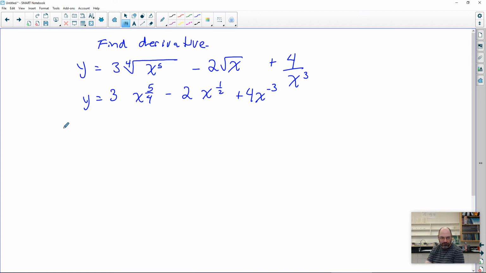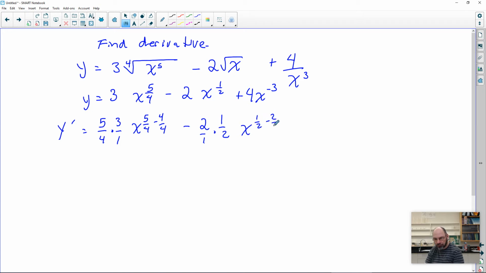Okay, now we can do the derivative, y prime. So this is going to be, I'm going to do this one, 5/4 times 3. And I'm going to write it as 3/1, x to the 5/4 minus 4/4, because 4/4 is 1. Taking a little bit of a shortcut there. Minus 2 times 1/2. So we'll go 2/1 times the 1/2, x to the 1/2 minus 2/2, which is 1.